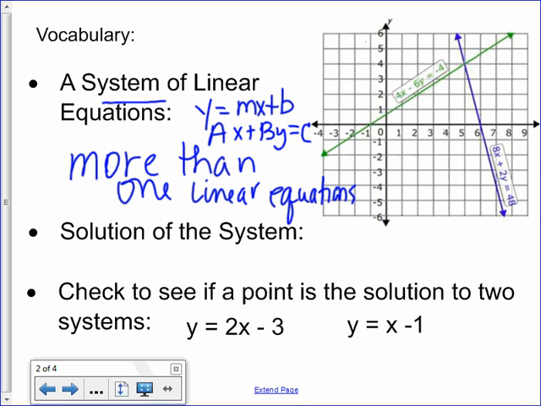But in these two, the green and the blue line, the solution is where the green and the blue line cross, which is right here. And so if we pick the ordered pair for that point where they cross, it is 5, 4. So the solution for this system is 5, 4. Or the solution is the point where the two lines intersect.